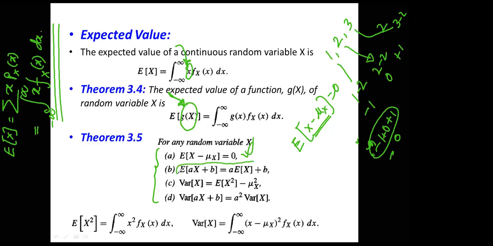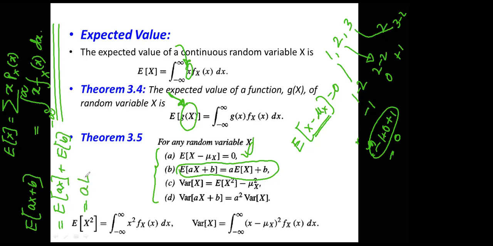About this particular one, look at this: expected value of AX plus B. Normally we know this can be separated into expected value of AX plus expected value of B. Now A is a constant value, so A can be taken outside the expectation. And expected value of B: B is not a variable, B is a constant, so the average value of B is also B. So we can write that this equals A EX plus B.